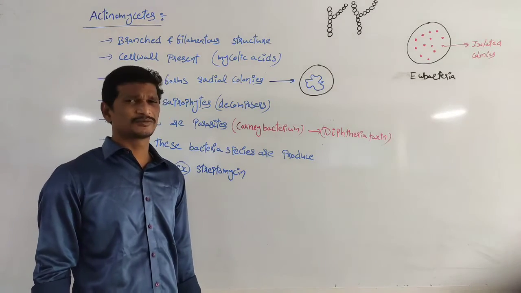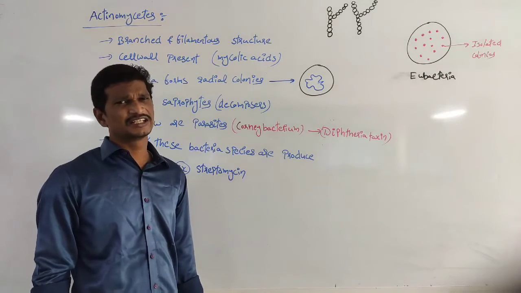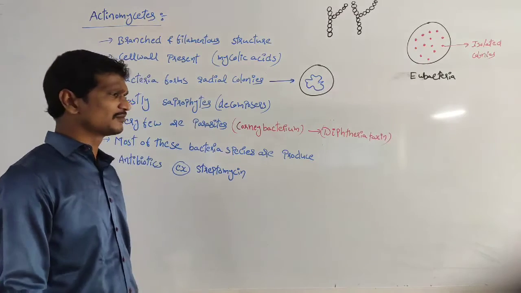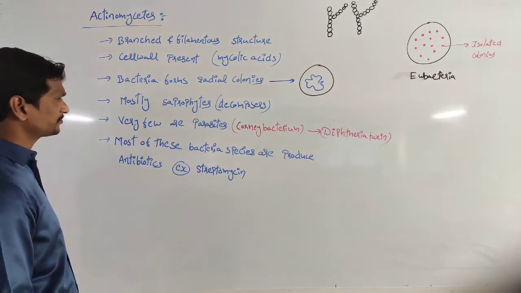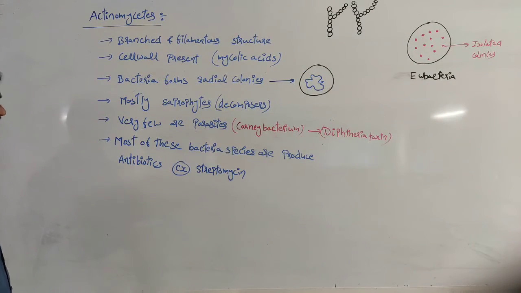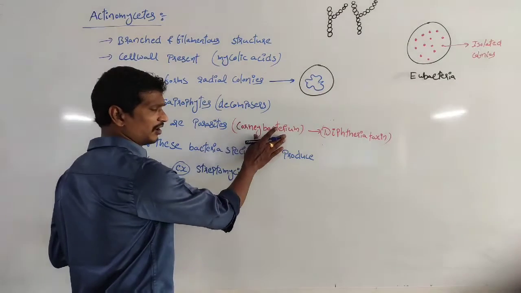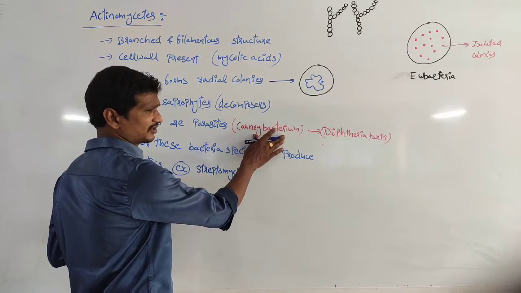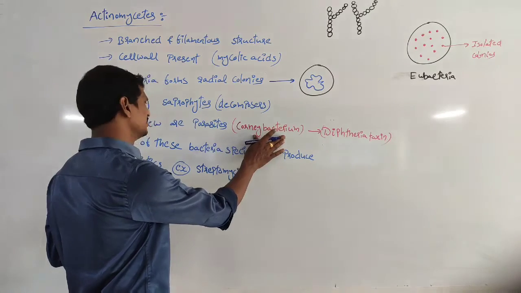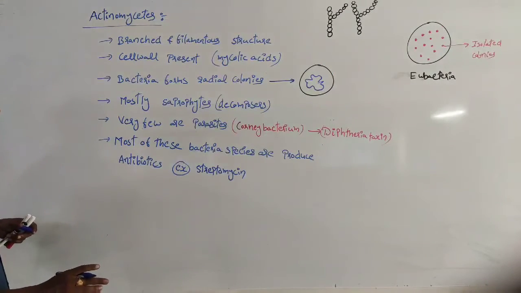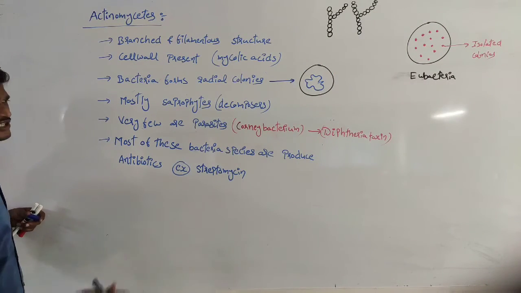We know that toxic substances act on the gastrointestinal tract and some obstructions are generated. In certain cases, other species of Corynebacterium also act on the respiratory tract. That is about Corynebacterium and the diphtheria toxin.